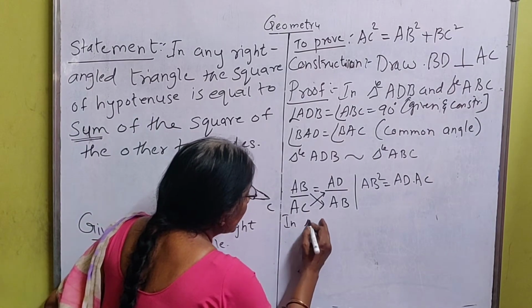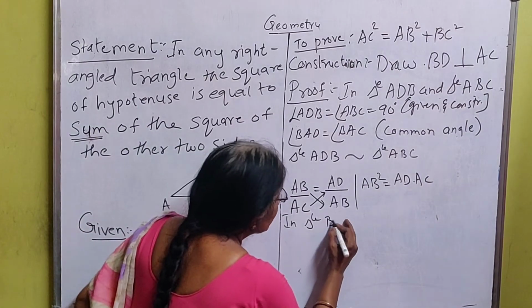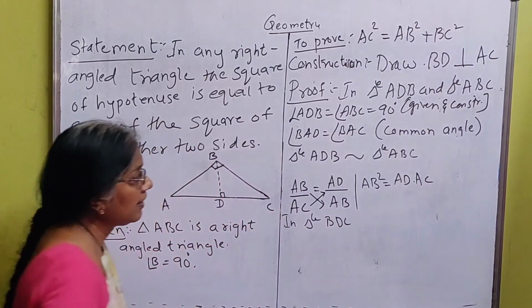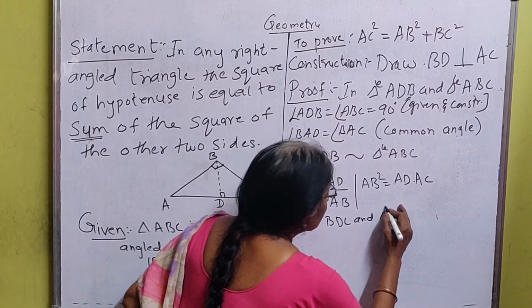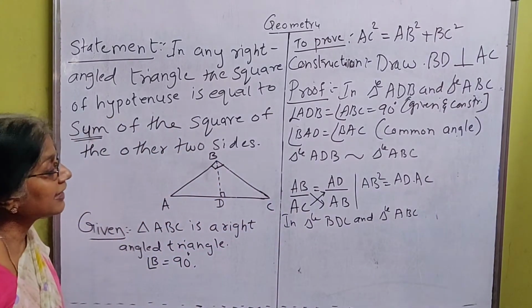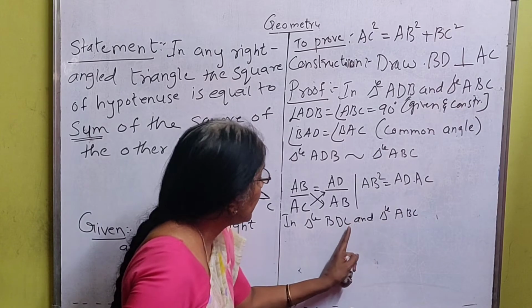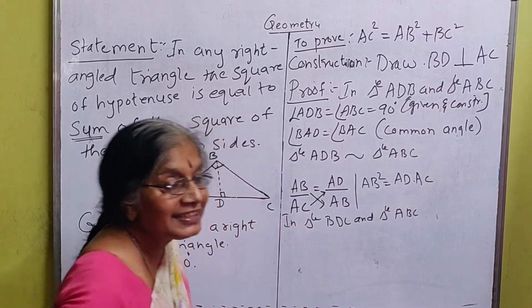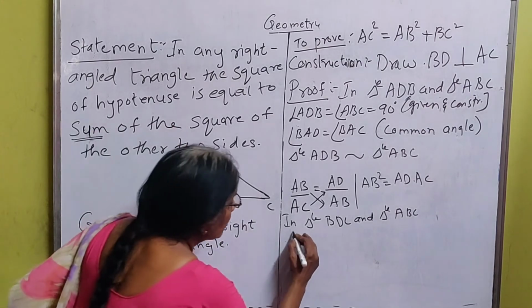So in triangle BDC, the first smaller triangle, and triangle ABC. Here again we will see B corresponds to A, D corresponds to B, and C corresponds to C. C is the common angle. So we again will write it down.